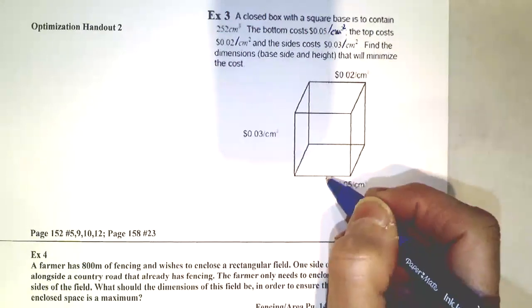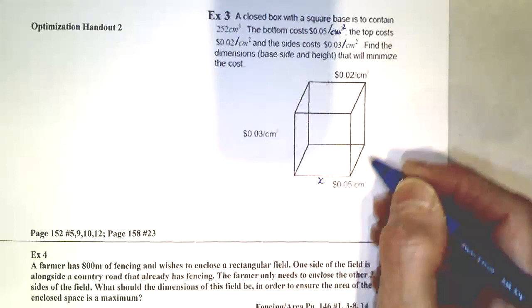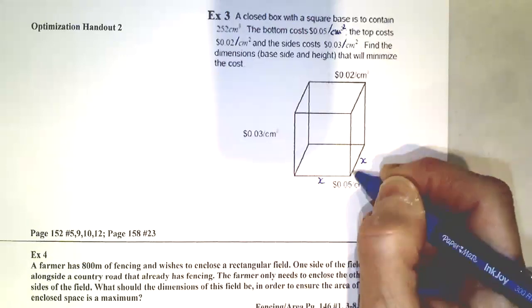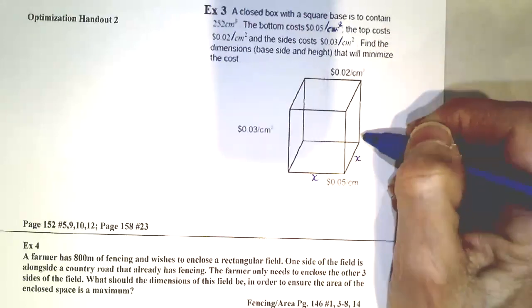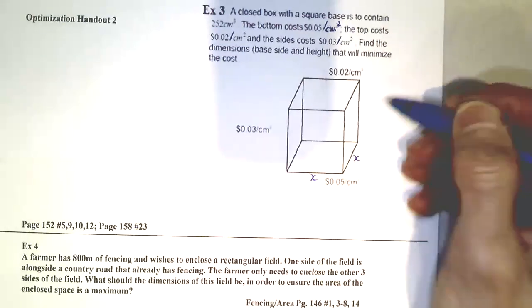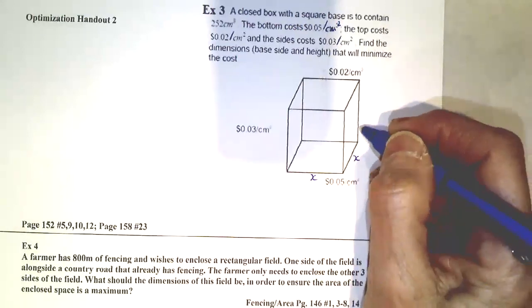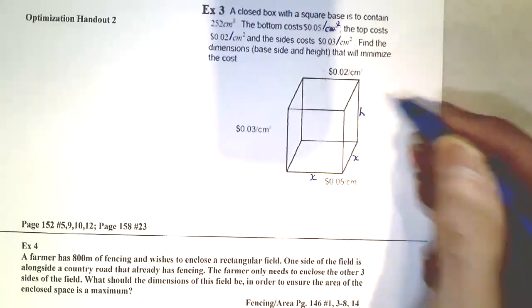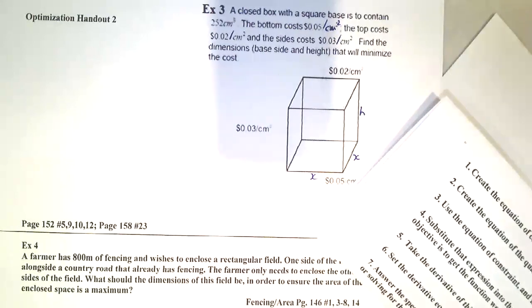So again, I'm going to begin by labeling my dimensions. I will call the width x and the depth or the length x because it's a square base. And then again, I will refer to this as the height right here, this bottom to top. Now I will start by following these steps as I always have.